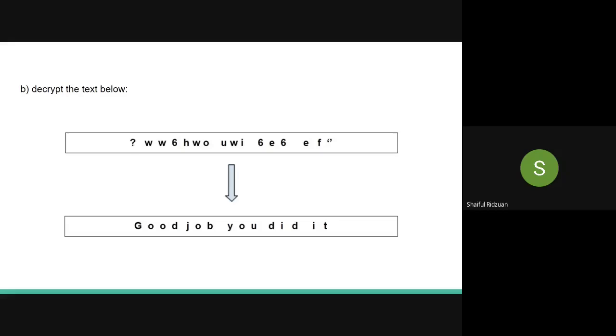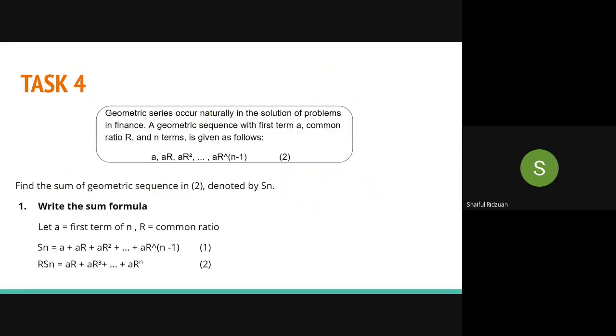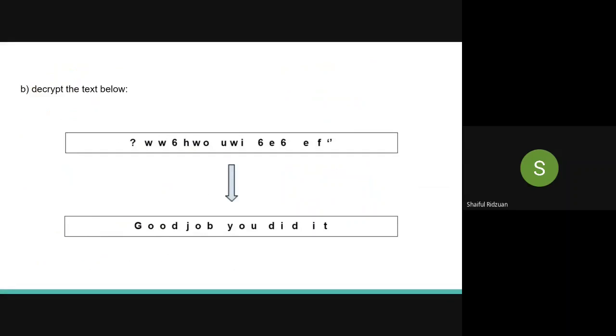So go back to the table. From the table we can know the code is "good job, you did it." Okay.